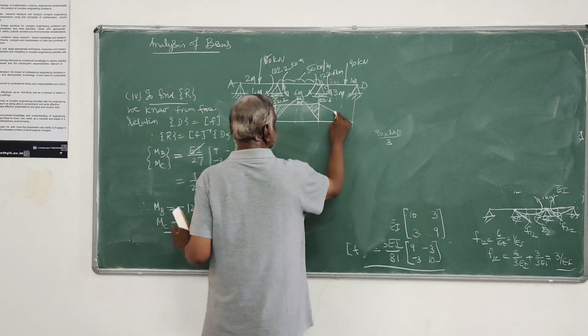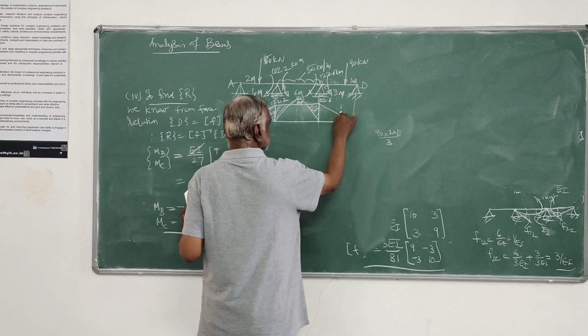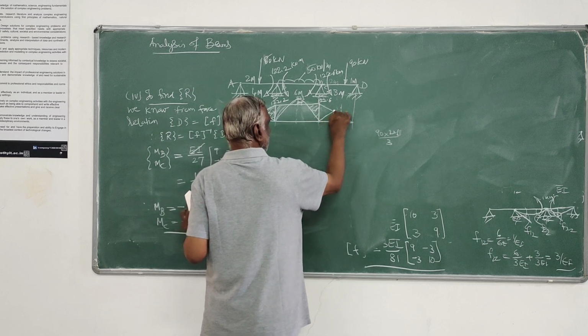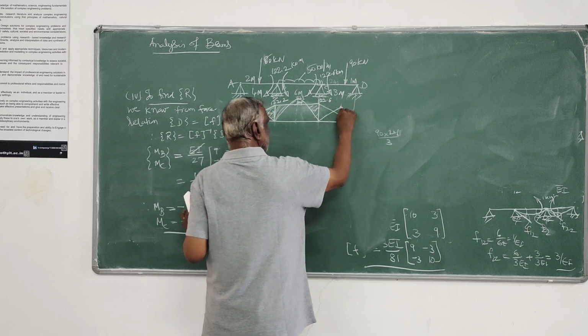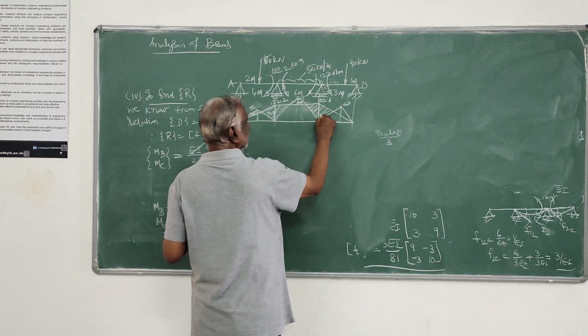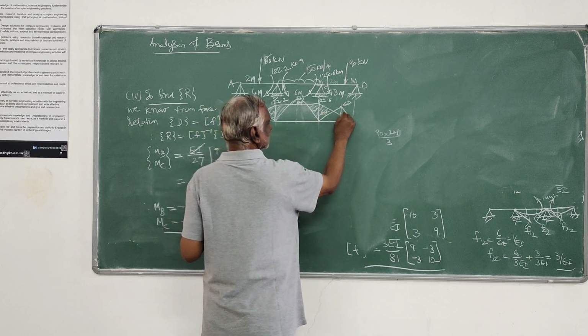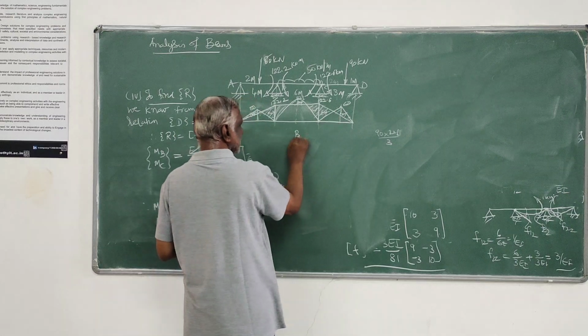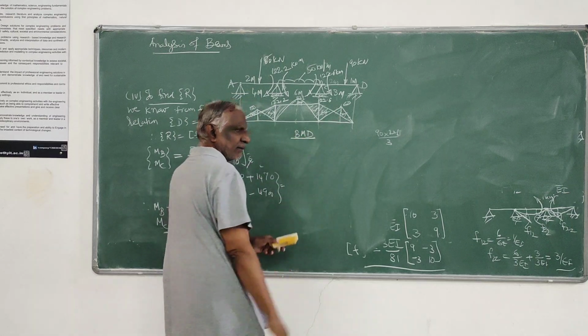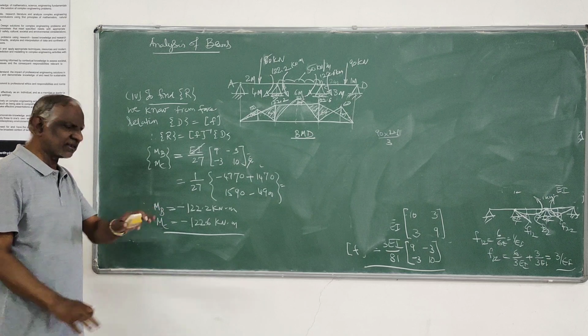So that is 60. Like this. This is 60, so this is negative, this is positive. This is the net bending moment diagram you are going to get.